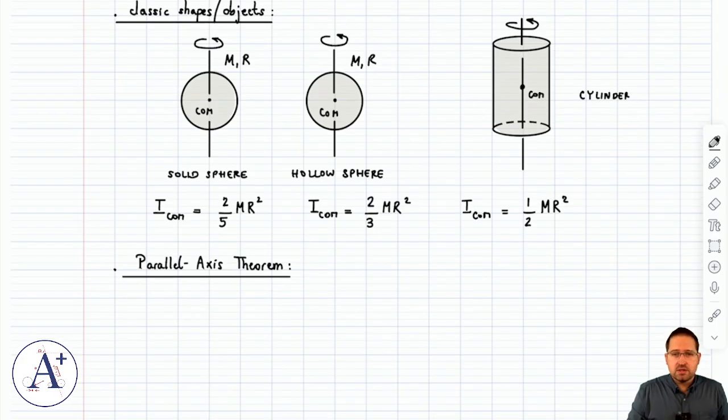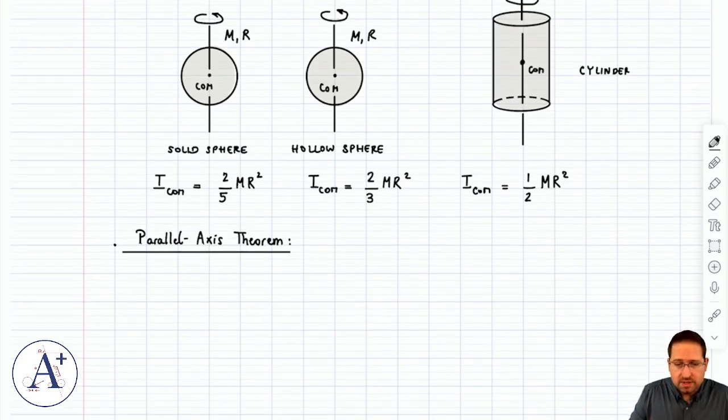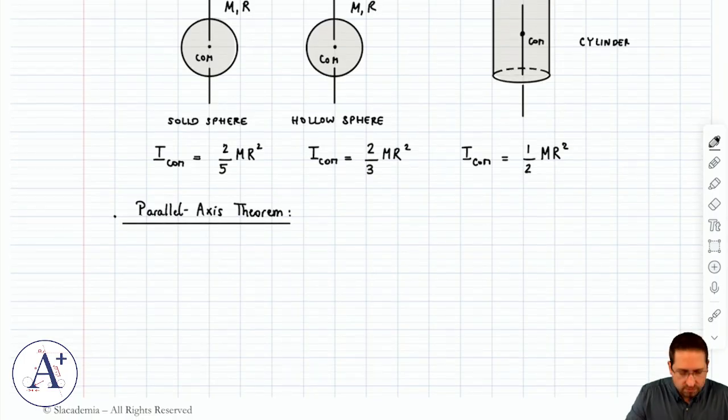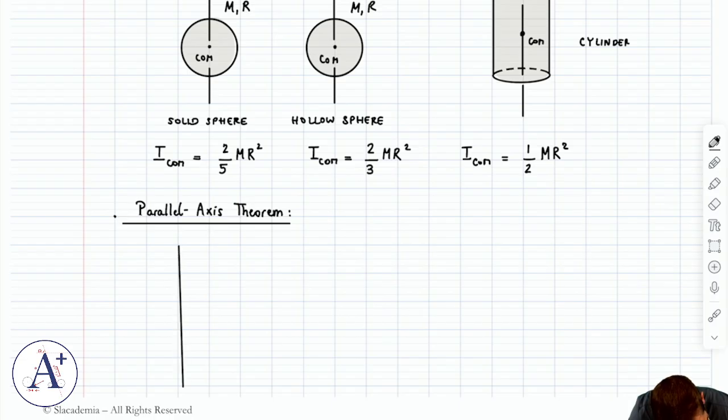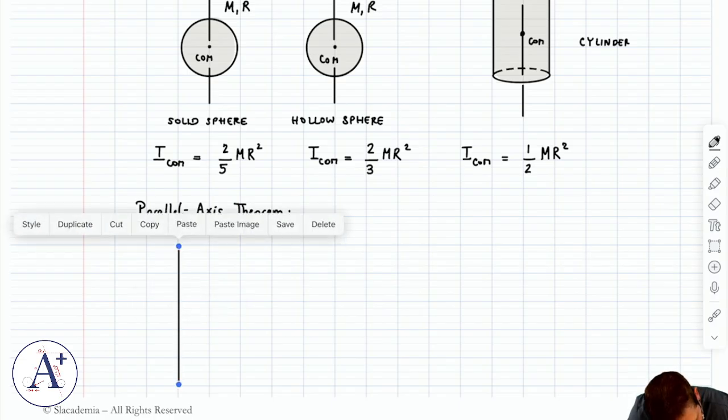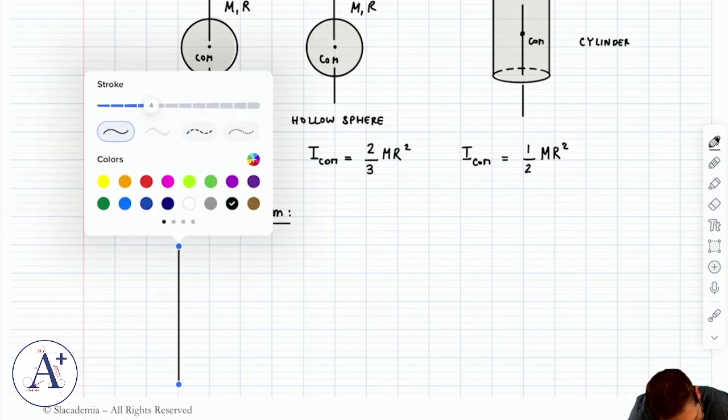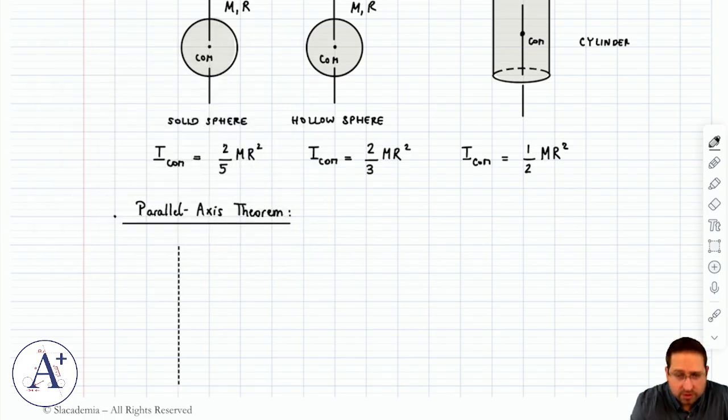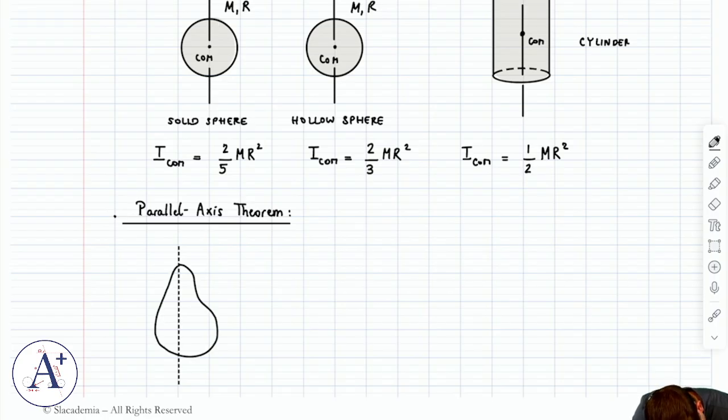Okay? So the parallel-axis theorem says, let's imagine for a second that you have some object here that you want to rotate about an axis through its center of mass. And I don't want to draw anything special. I don't want to draw a sphere or a cylinder or anything. I'm going to draw Mr. Potato Head or whatever, like some shape.